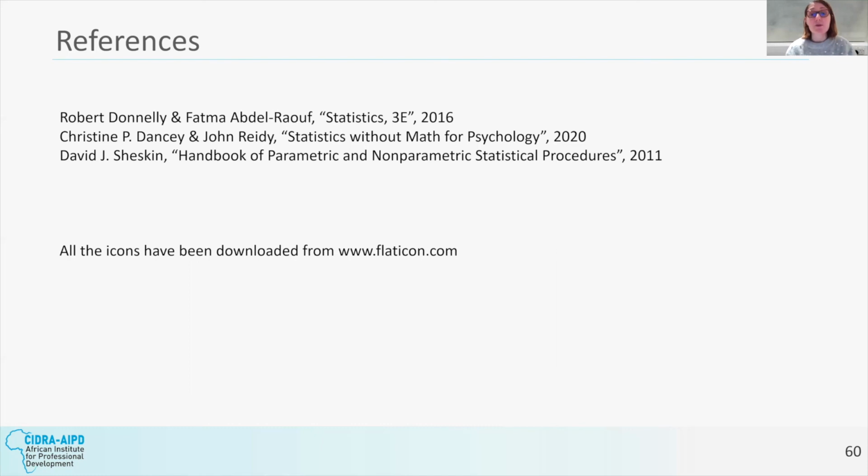Then we've seen the measures of dispersion or variability, and in particular we have looked at the range, the interquartile range, the variance, and the standard deviation. The range is pretty straightforward, but it has some flaws. It varies with the sample size, and it takes into account just the extremes of our distribution. It's very sensitive to extreme values, so it may not be a good representation of our sample.